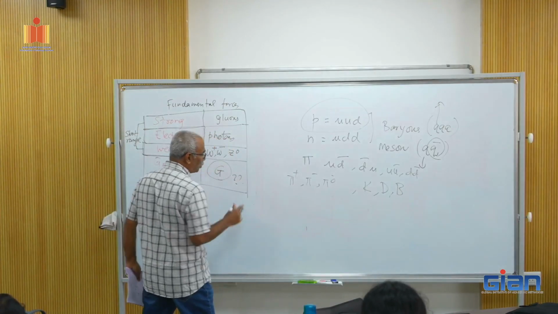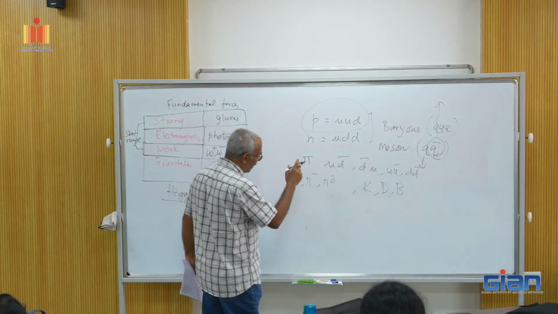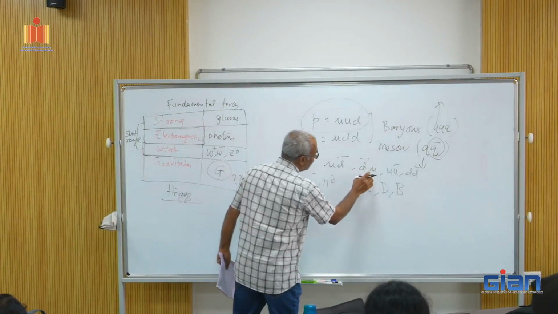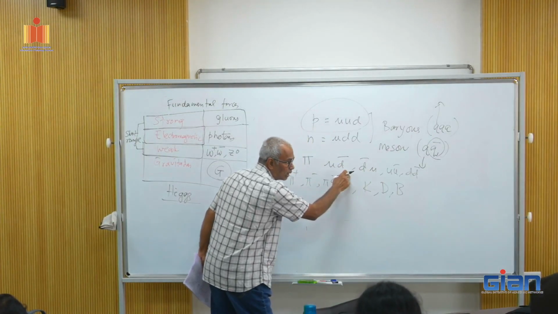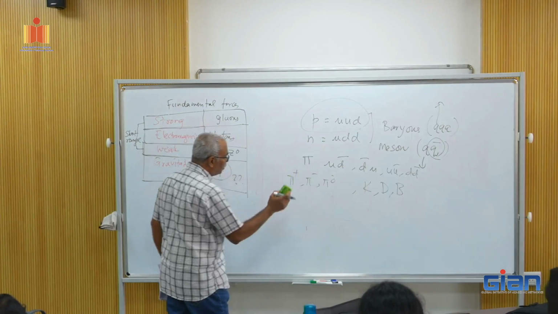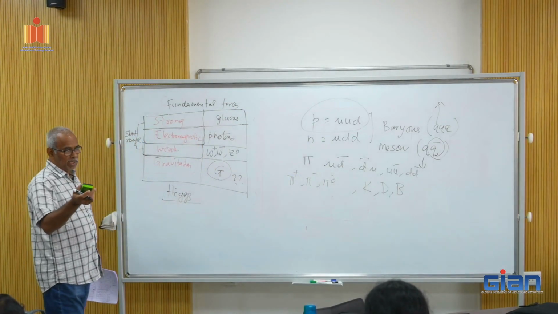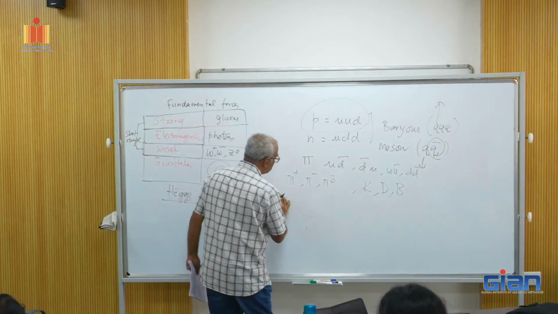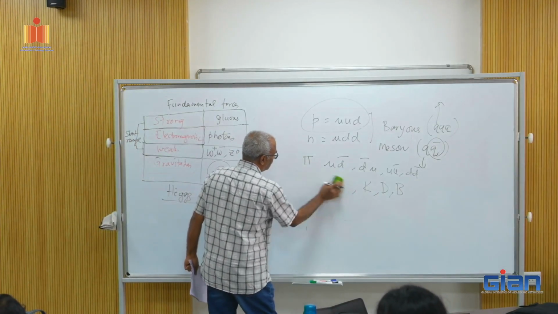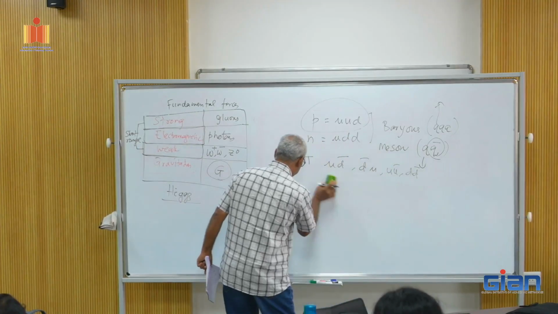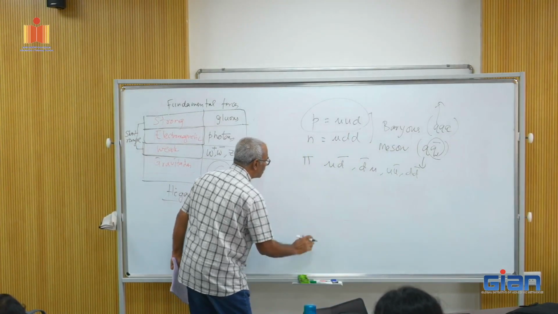One important property which we might require is that you already saw there is something called an antiquark. So if you have a quark or a particle, there will be a corresponding antiparticle possible. This was evident when we learned what is called the Dirac equation.